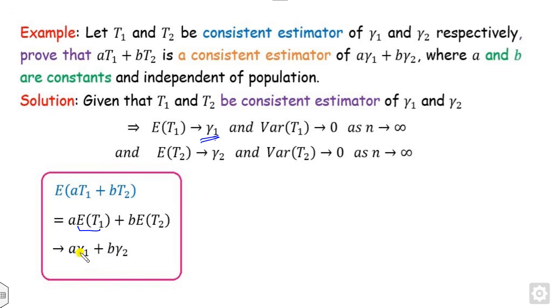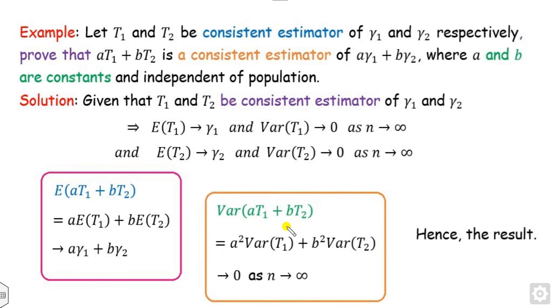It goes to gamma 1, it goes to gamma 2 as n approaches infinity. The first part is satisfied. Similarly, you can find the variance. What is the variance of aT1 plus bT2? It is a square times the variance of T1, which goes to 0, plus b square times the variance of T2, which goes to 0. Since these two properties are satisfied, hence this is the consistent estimator of this. This is the required proof.